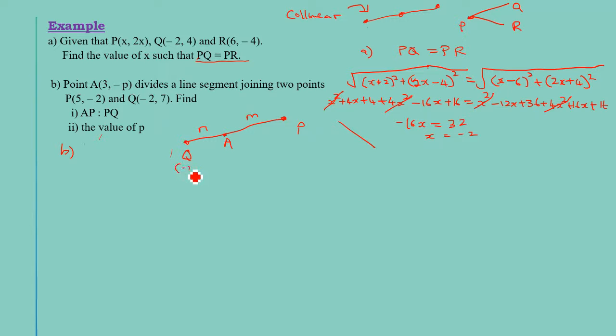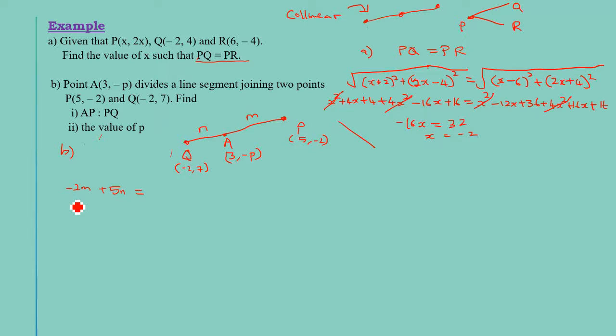Q was given as -2, 7. A is given as 3, -p. And your P is given as 5, -2. Recall that we did a question earlier on how we multiply. So let's look at the x coordinate. So you have -2 times M plus 5 times N, opposite.